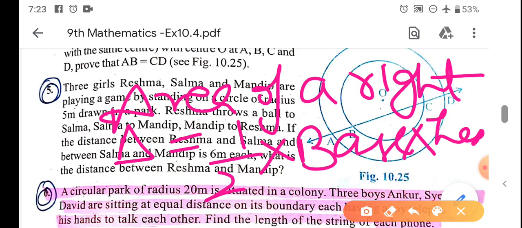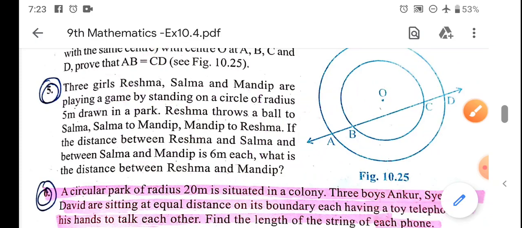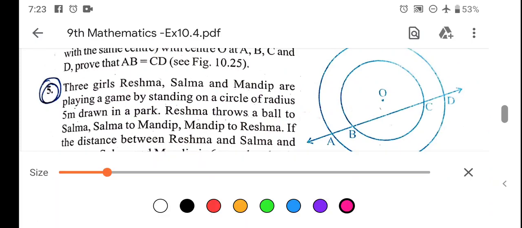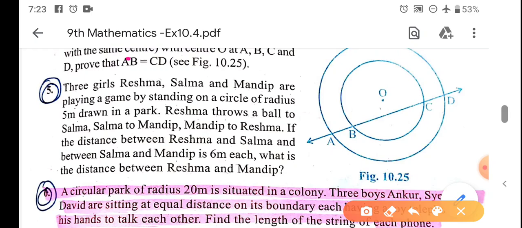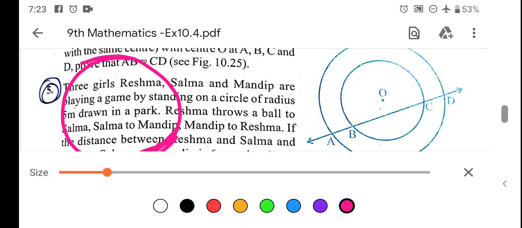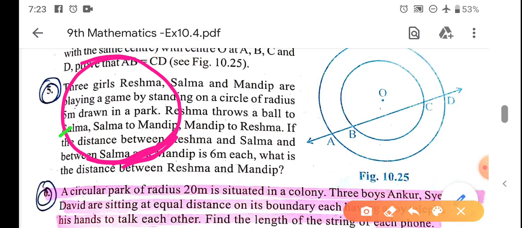This question can also be solved by using the Pythagoras theorem, but this method is very short. So let us understand the question. Let us draw the circle. Let us draw Reshma, Salma, Mandeep. Let O be the center.